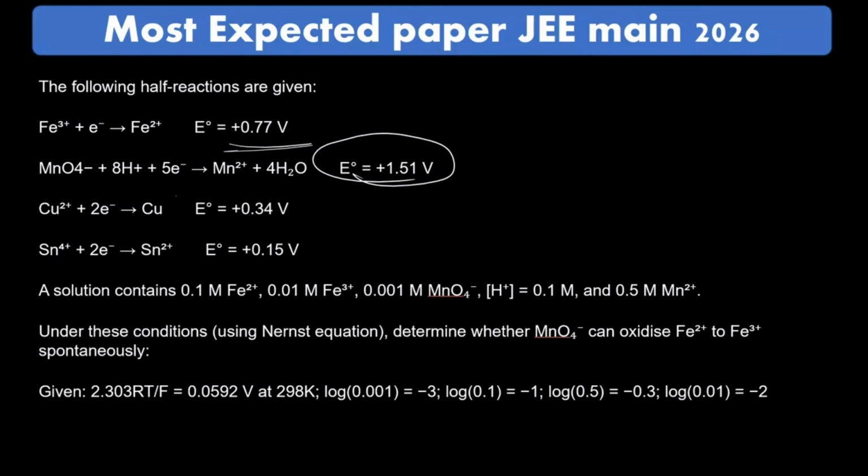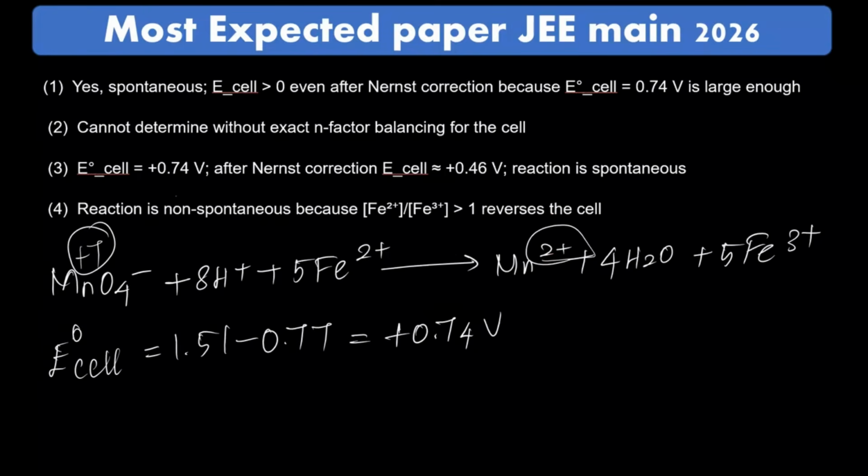Under these conditions, determine whether MnO4 minus can oxidize Fe2+ to Fe3+ spontaneously. And the option is talking about E naught cell value 0.74. Okay, cannot determine without an exact n factor in balanced cell, and E naught cell is 0.74.